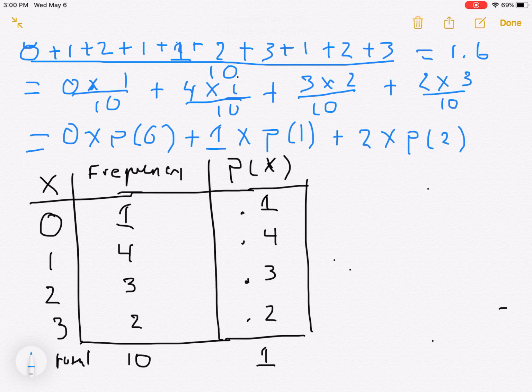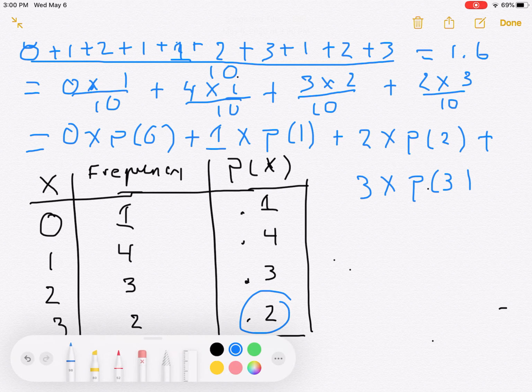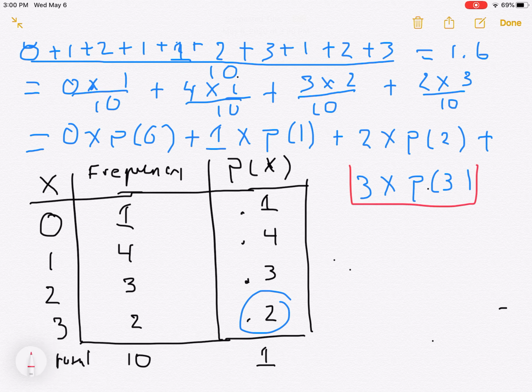The probability of 1 is 1/10, the probability of 2 is going to be 3/10, or 0.3, plus 3 times the probability of 3, and the probability of 3 is 0.2. That's exactly this quantity right here. So if we look at this piece, it matches this piece, and so does every individual piece here.